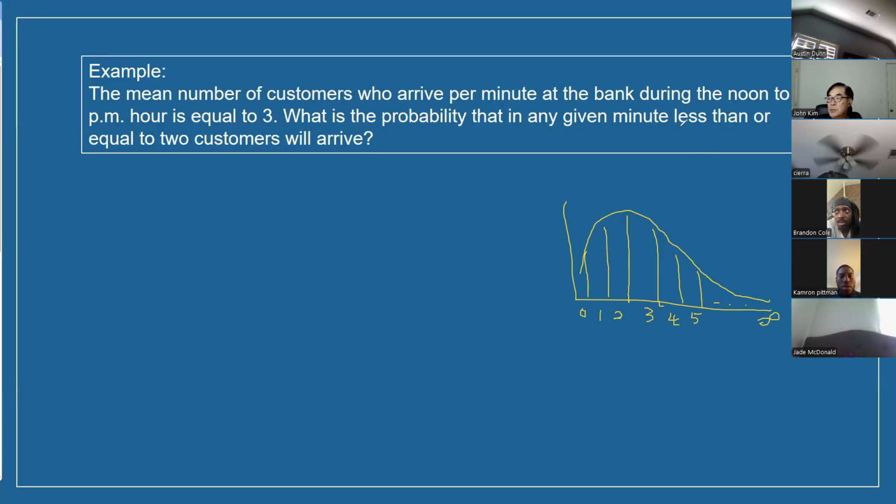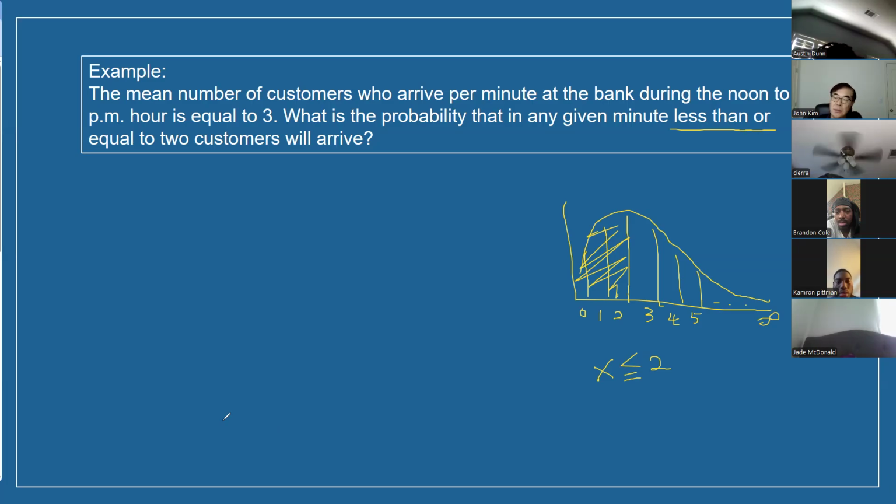Then this one asks for less than or equal to, so x less than or equal to 2. It includes 2 because of the equal sign, so this part.